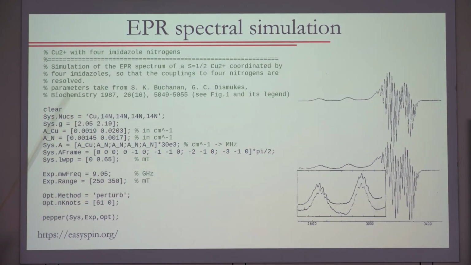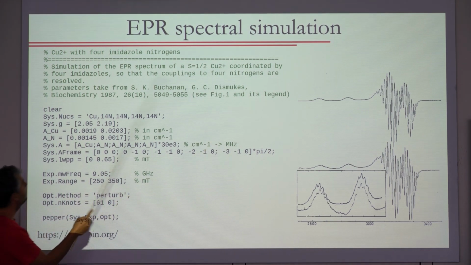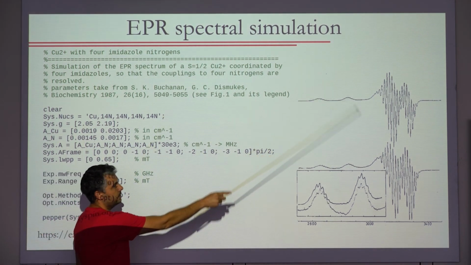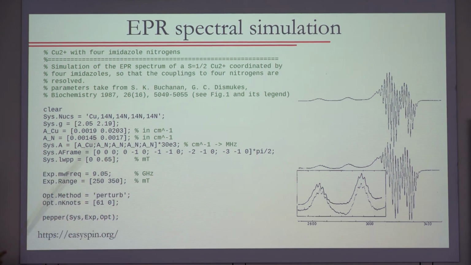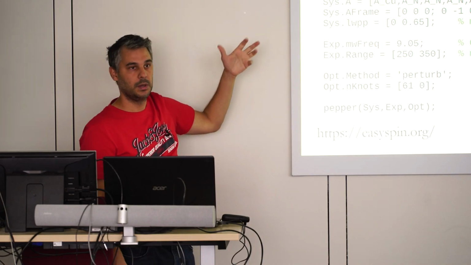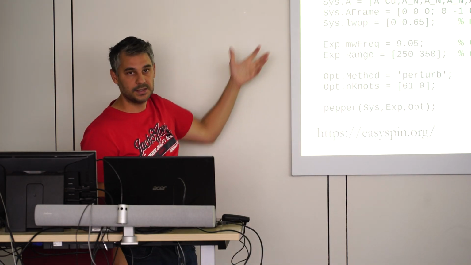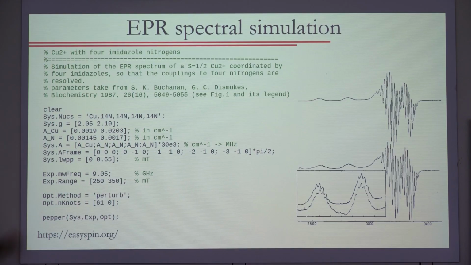This is an example of a copper complex with 4 imidazoles. This is a spectrum. It looks similar to copper porphyrins, but apparently it's not that. So you can define a lot of parameters. I'm not going to go into this because anyone who tries to simulate will start from some previous program from someone else, and they will ask, okay, how do I do this? There are too many options.